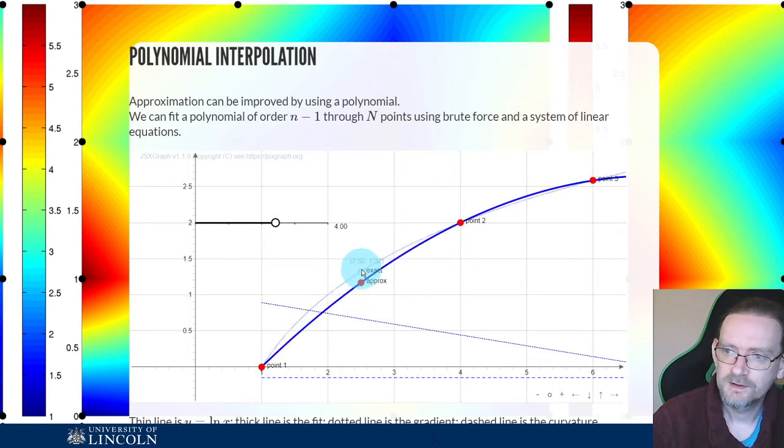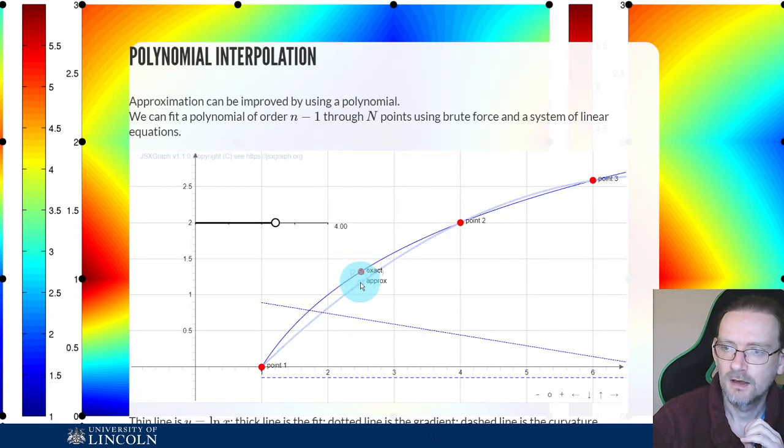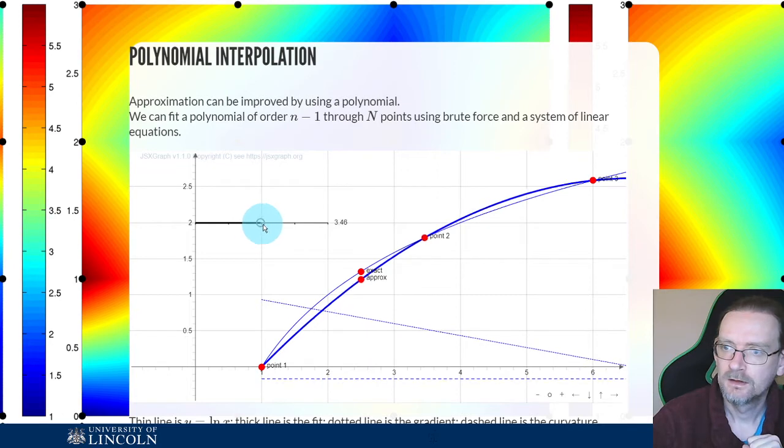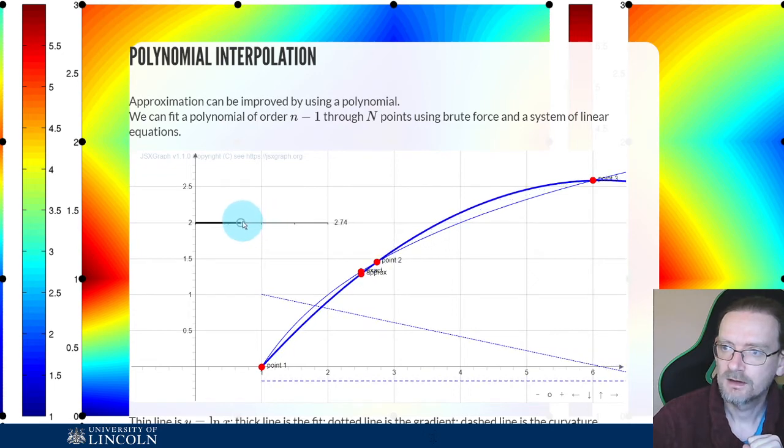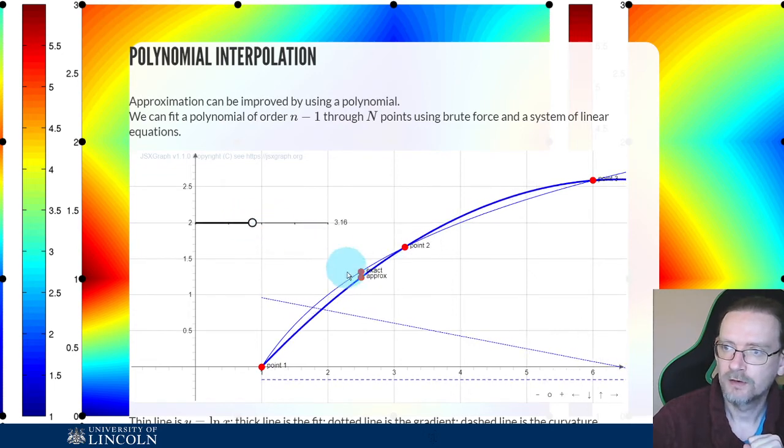But instead of taking the full polynomial with order n minus 1 that would go exactly through it, we can restrict ourselves to a linear fit, quadratic, cubic fit as before. Again, this is a quadratic fit. It's a quadratic that goes through these 3 data points.